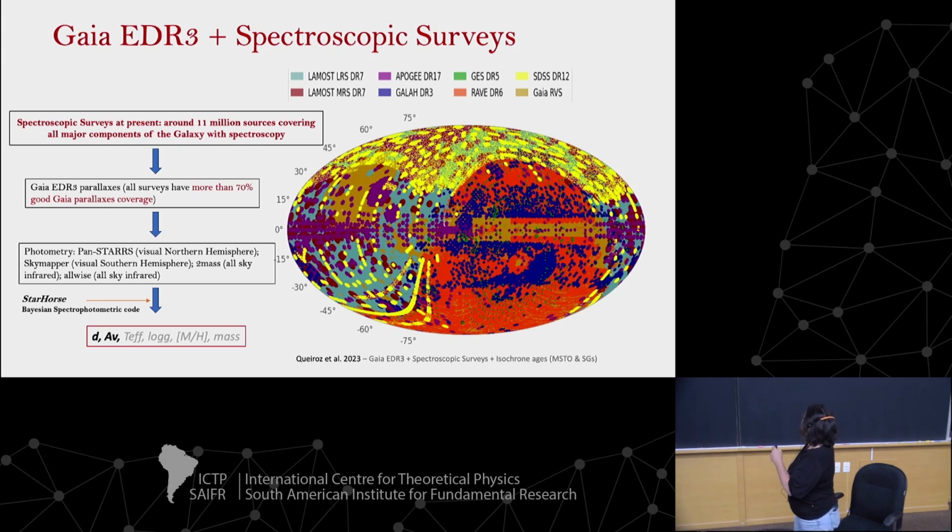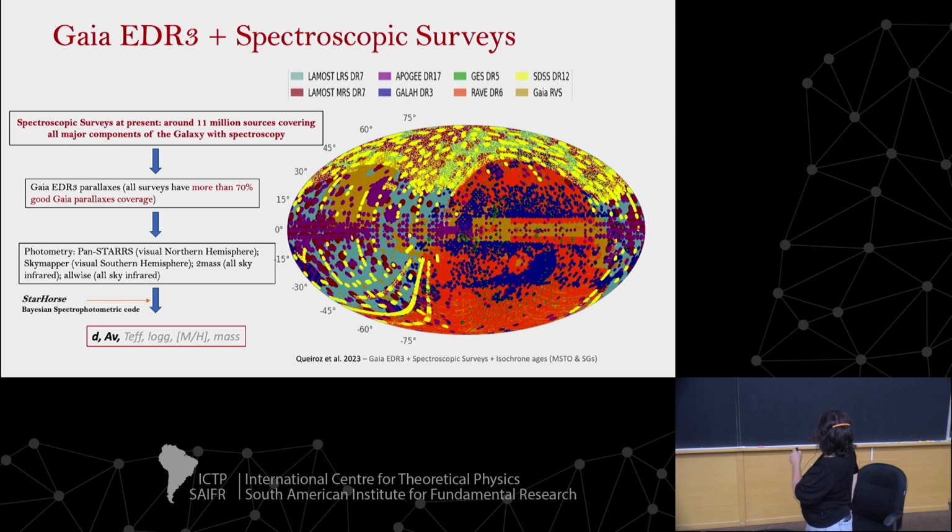So essentially what Ana did, she was interested in the APOGEE data release 17, because we were part of Sloan, so we could use this data. And of course, we ran StarHorse for everything that was available in terms of spectroscopic surveys that were public. So here you have LAMOST, low resolution, medium resolution, APOGEE, which is a high resolution infrared, GALAH, which is optical from the south in Australia, high resolution.